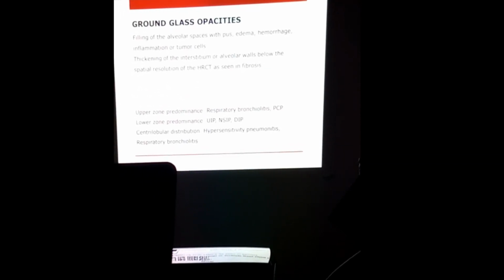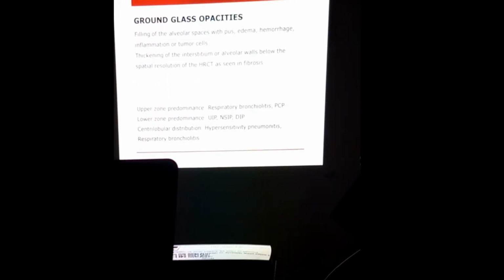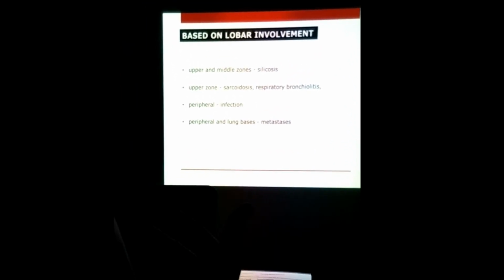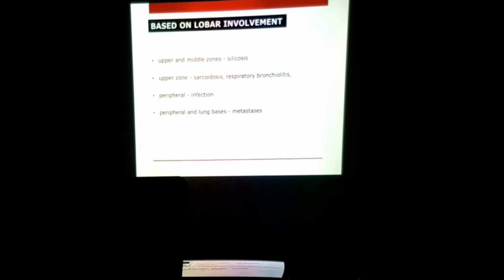Now, lobar predilection is important. There is a predilection for certain lobes in different types of diseases. There are few diseases which are present in the upper lobes, and we remember the formula.